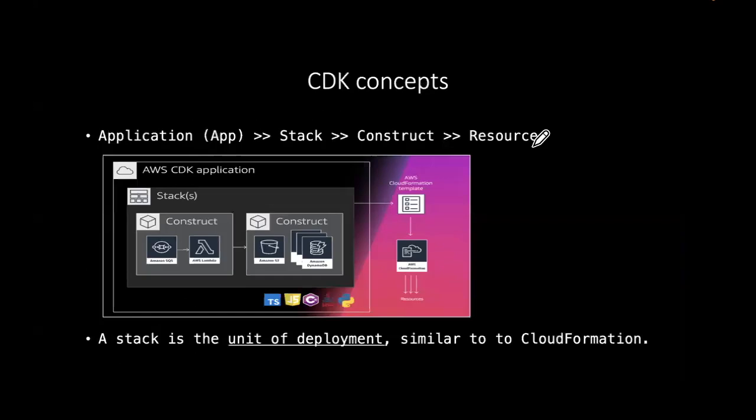Right, so the particular technology or third generation infrastructure as code technology that we will look at is the CDK framework, which is specifically for AWS.